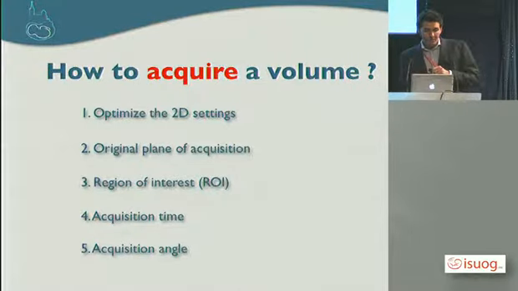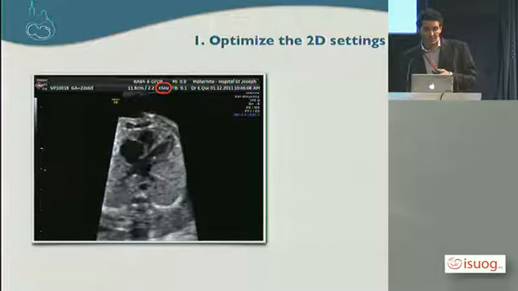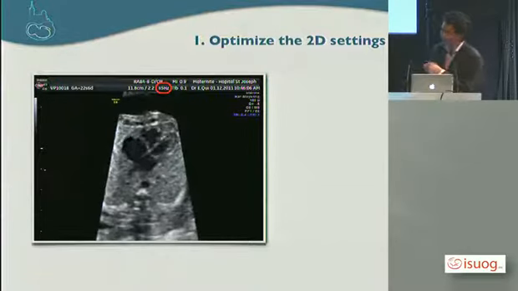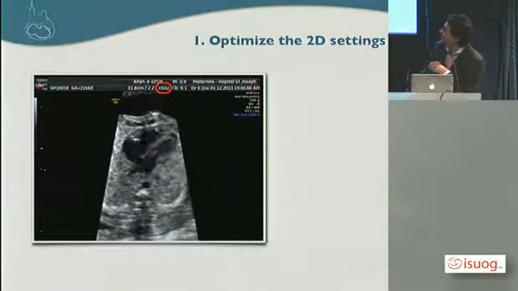So I move to the next step, which is how to acquire a volume. That is the answer of my topic. At first, we try to optimize the 2D settings. That's what we use in a clinical way every day in order to optimize our examination of the fetal heart.